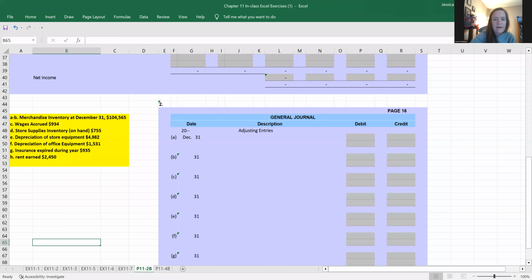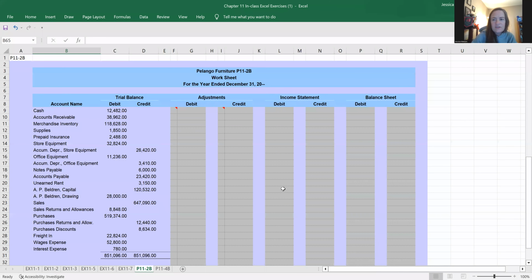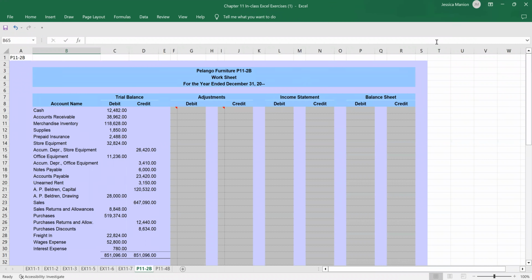I am going to share my screen with you and get this Excel file pulled up. So this is the Excel file for this worksheet. And this is, again, problem 11-2B, Palengo furniture. So we've got our beginning balances here, which they give us, right?